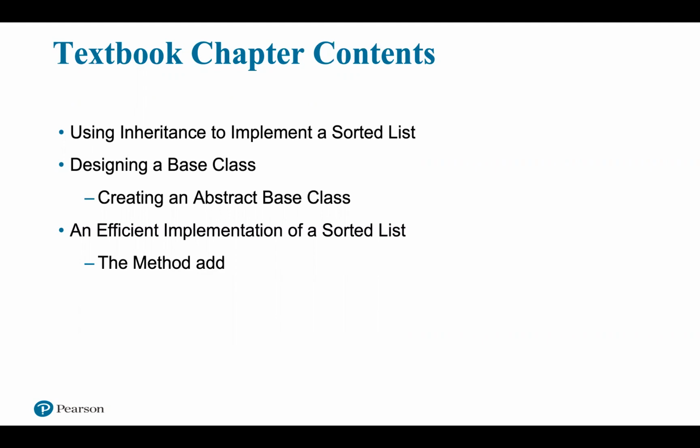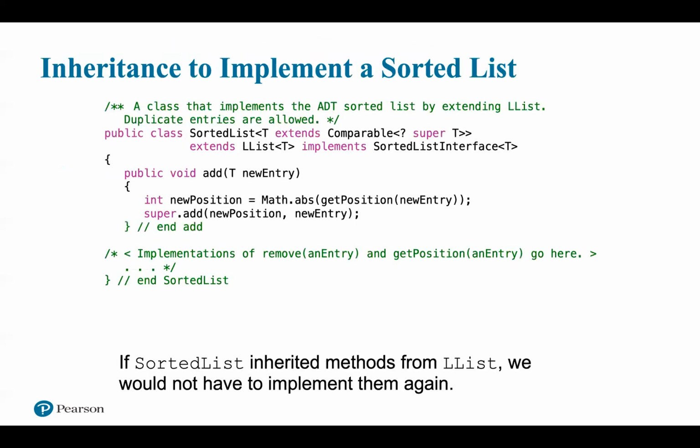However, they may require you to repeat a portion of the implementation of the ADT list, since the ADT sorted list and list have several operations in common. So we're going to be talking about implementation of a sorted list, designing a base class and efficient implementation of a sorted list. And so that's what we'll go through as we're getting through this material.